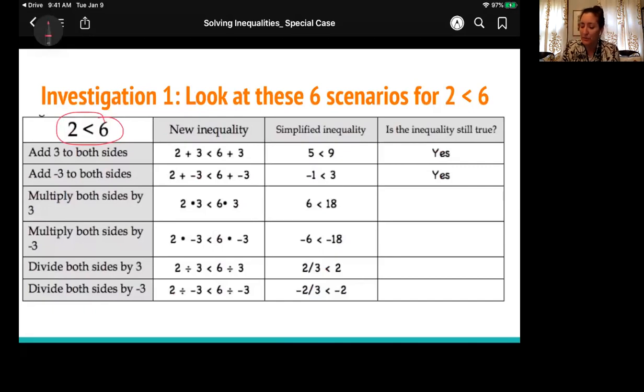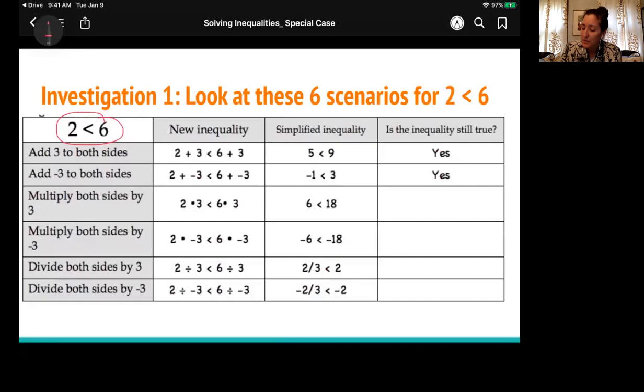I'm going to give you a step to do to both sides, and then we're going to see if our inequality is still true or if the step we do to both sides makes it fall apart. Because remember, we should be able to do the same thing to both sides and not change the truth statement of the inequality.